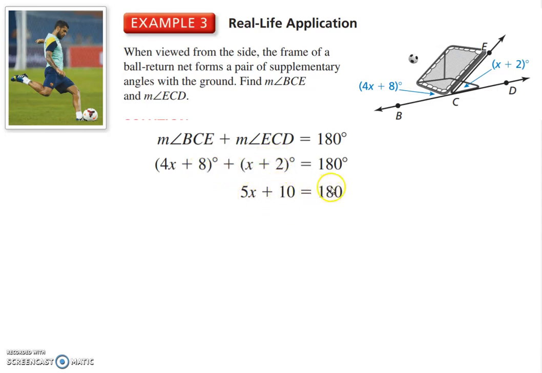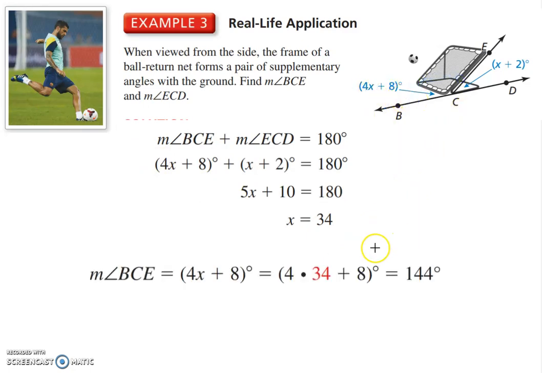Subtract 10 from here, we get 170. 170 divided by 5 gives us 34. So x is 34. Now that's not the measure, though, of this angle. Be careful. Do not stop your problem here. We need to plug x back in. So take this x, plug that back in to find the measure of BCE.